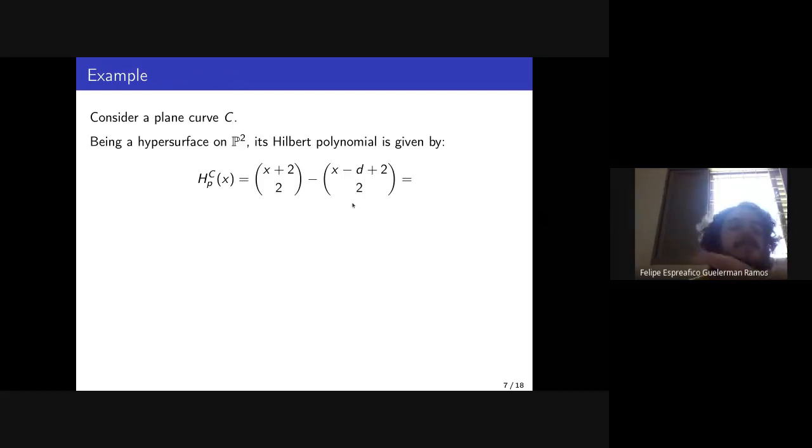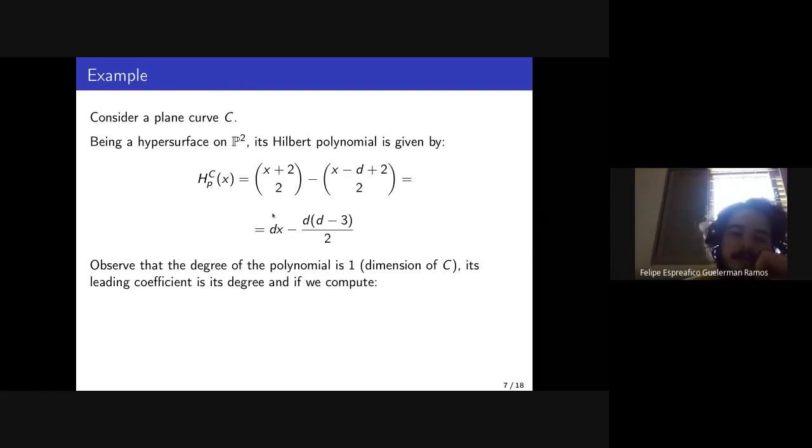This is just given by using the famous exact sequence we have for hypersurfaces. And then we have that the Hilbert polynomial is given by this.